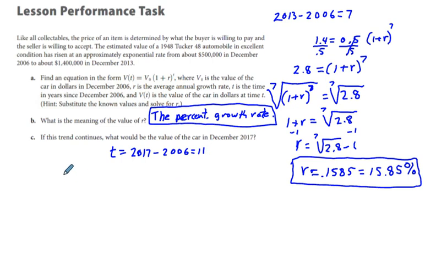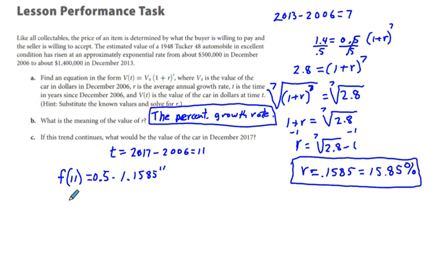So what we have here is f of t, and t is 11, which is going to be 0.5 times 1.1585 to the power of 11. Remember, the base is 1 plus r. So let's go ahead and do that.